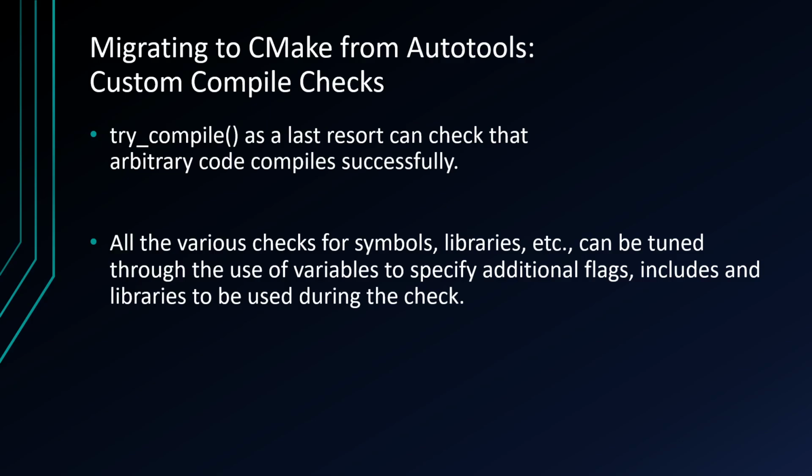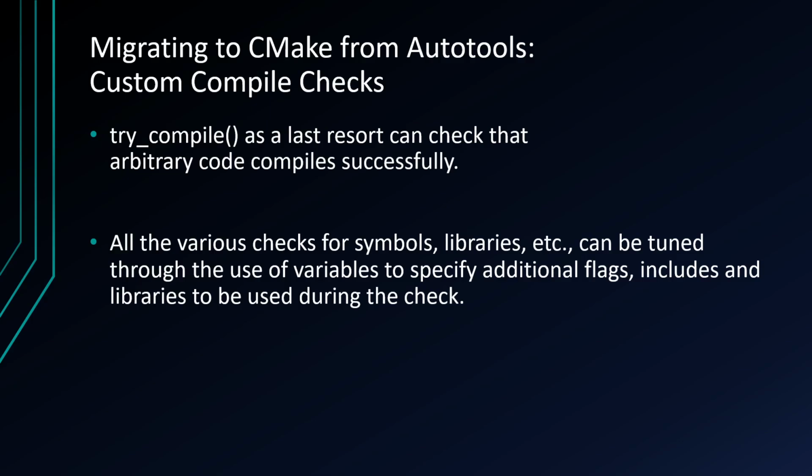If you can write a piece of code that, if it compiles, means the bug is not present, that gives you a way to validate the behavior instead of coupling yourself to specific version numbers or even a specific compiler. Really, that's all you care about: does the behavior work? Not which version of GCC am I using and which versions had the bug, and I need to track all those different version numbers. Test the feature, the behavior, directly, instead of getting caught up in a bunch of different version numbers or platform checks.